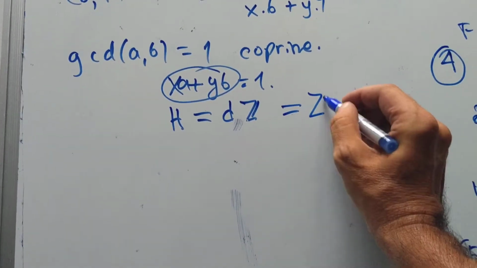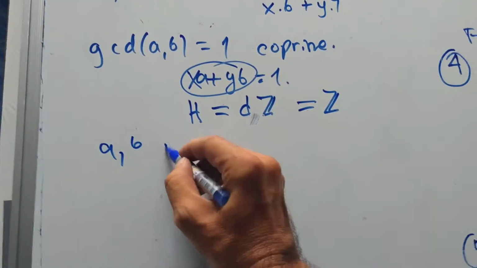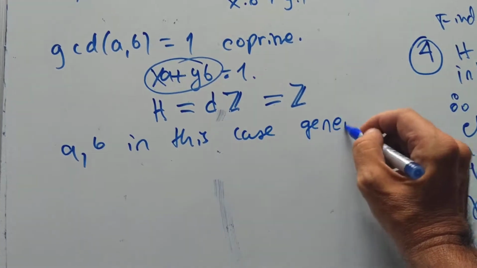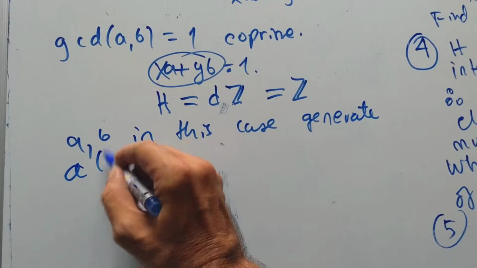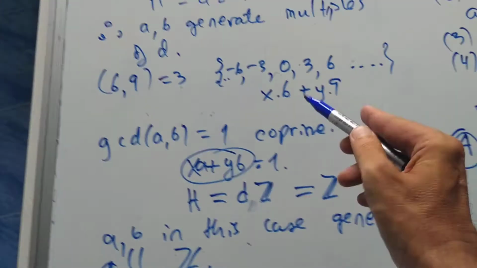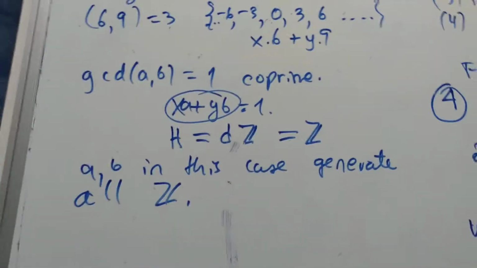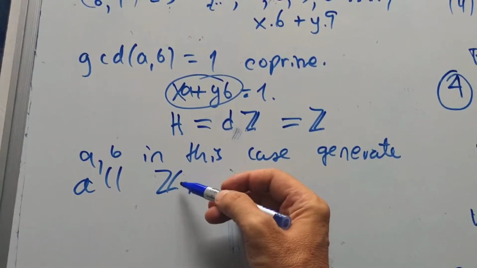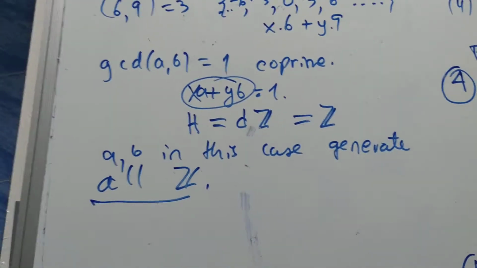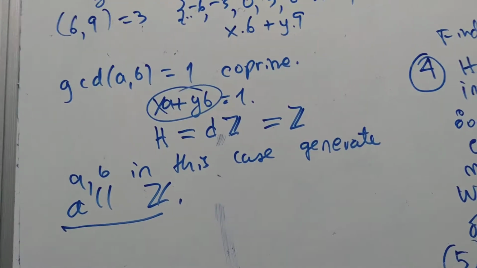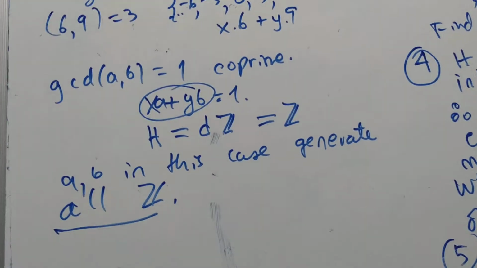So A and B, in this case, generate all of Z. In the case of two coprime numbers, they generate all of Z. This is a good way to characterize the magic power behind coprime numbers.